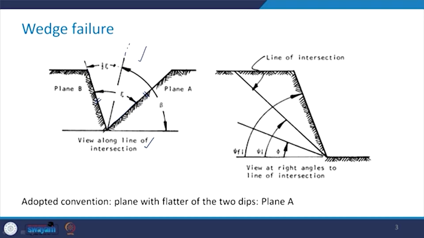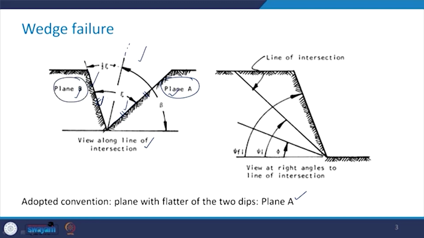The convention adopted is that the plane which has the flatter dip of these two planes is given the name plane A. So, you can see here that this plane has a smaller dip, or is flatter than this particular plane, and therefore we are calling this plane A, and the other one will automatically become plane B.